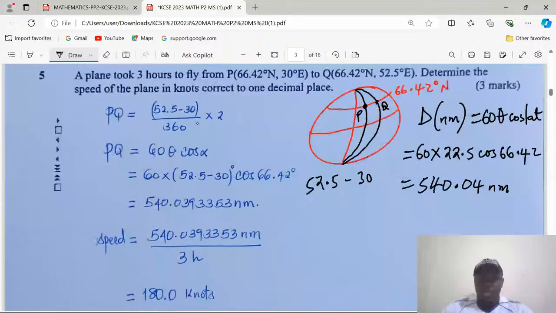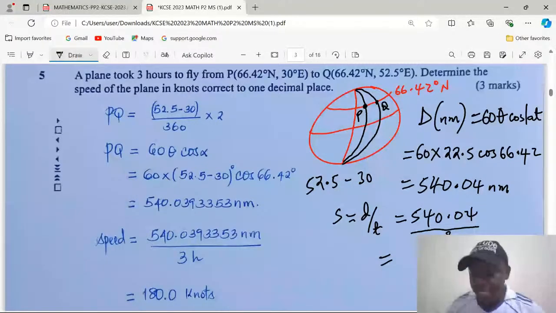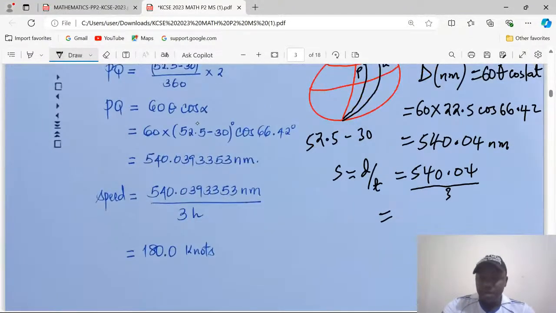Okay, the question was on speed anyway. Speed is given by distance out of time. The distance must be in nautical miles. So 540.04 divided by the plane took 3 hours. When you divide this by 3, I'm getting 180.01.